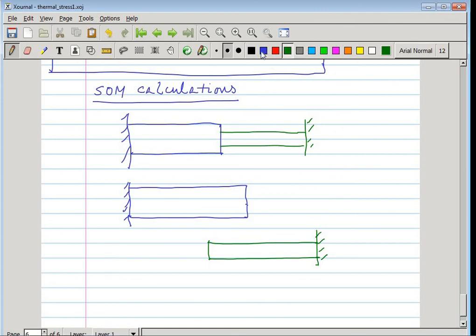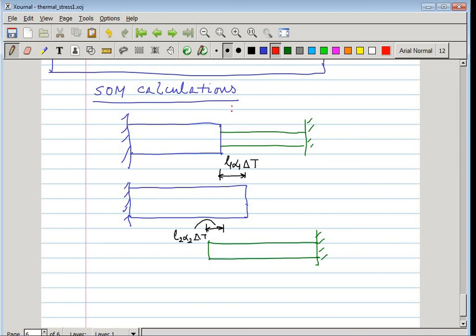So this much is the free expansion of the blue portion, and this is L1 alpha 1 delta T, and here to here is the free expansion of the green one, and this is L2 alpha 2 delta T. Now the final position is somewhere in between.